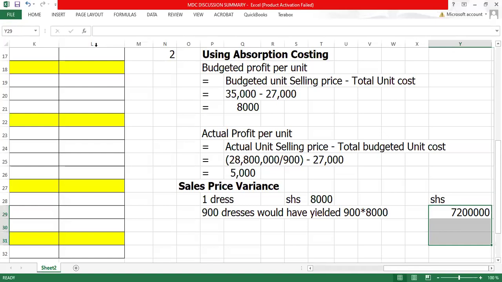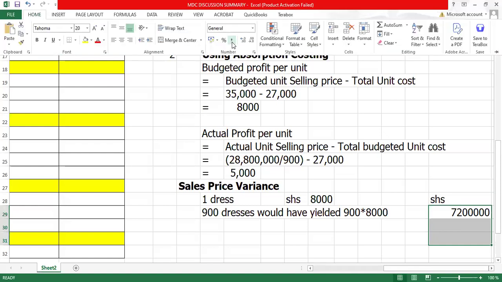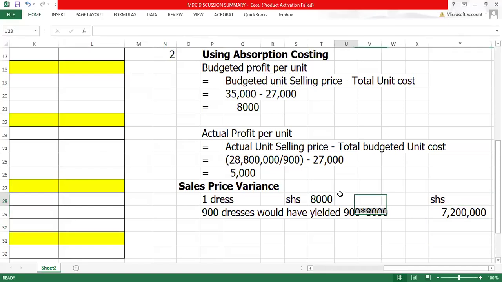But did you actually earn this money? But the actual, pardon me, on one dress is equal to 8,000. Okay. All right. We are saying that this is sales price variance.